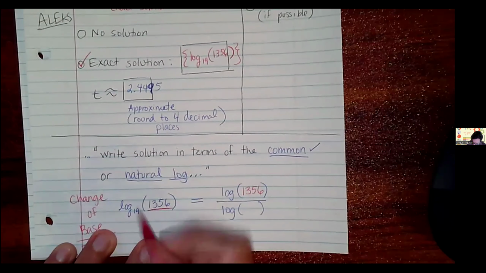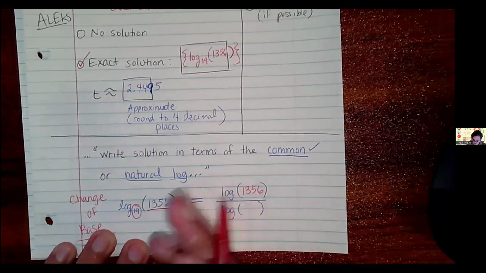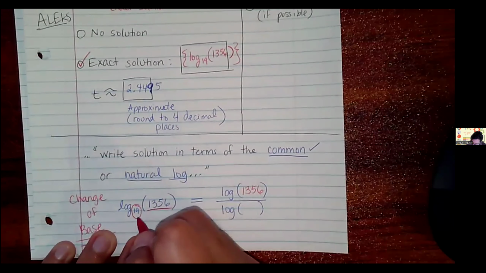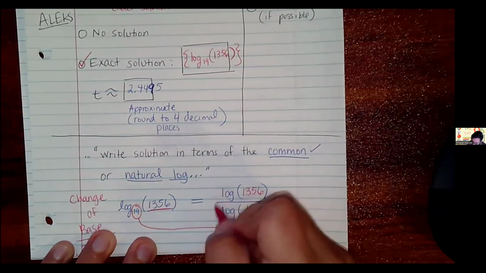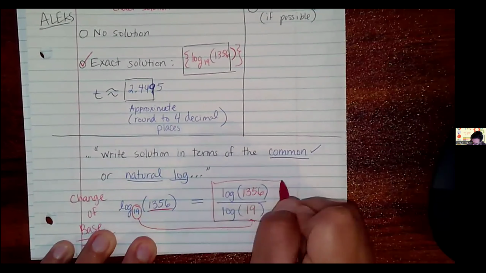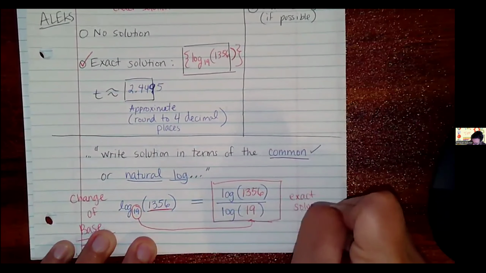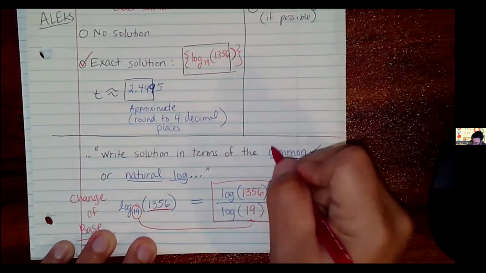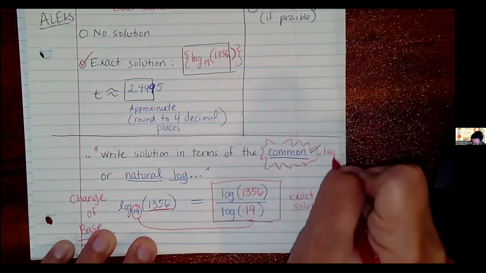Then the base of our original answer, the way you guys have sort of worked it out, that's going to go in the log in the bottom. So the way Alex wants to see your exact answer is as this fraction. So this is our exact solution, but written in terms of the common log.